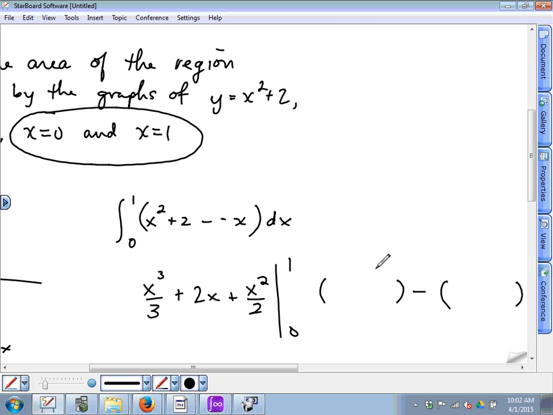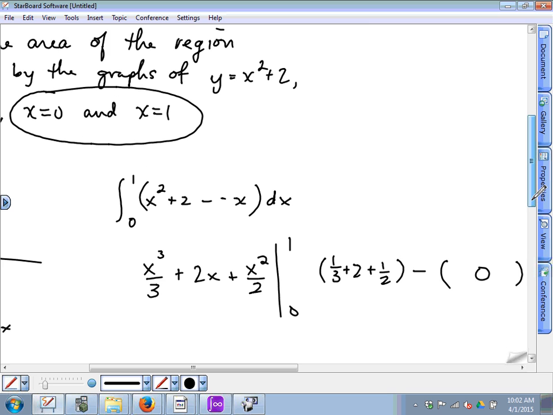So the antiderivative at the upper bound is 1/3 plus 2 plus 1/2. What's the antiderivative at the lower bound? That's just a big fat 0.